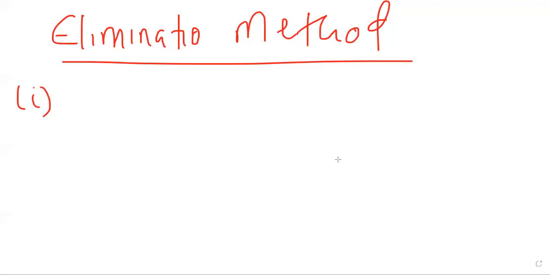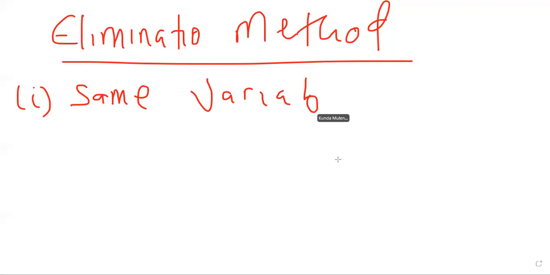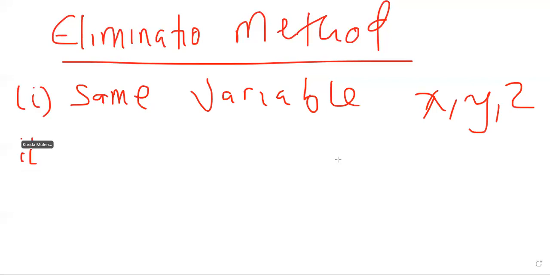Number one, you need to make sure that we have the same variable, understanding very well that a variable can be x, a variable can be y, a variable can be z, a variable can be any letter. And then the other thing that we look at is that for you to eliminate, there must be the same coefficient.